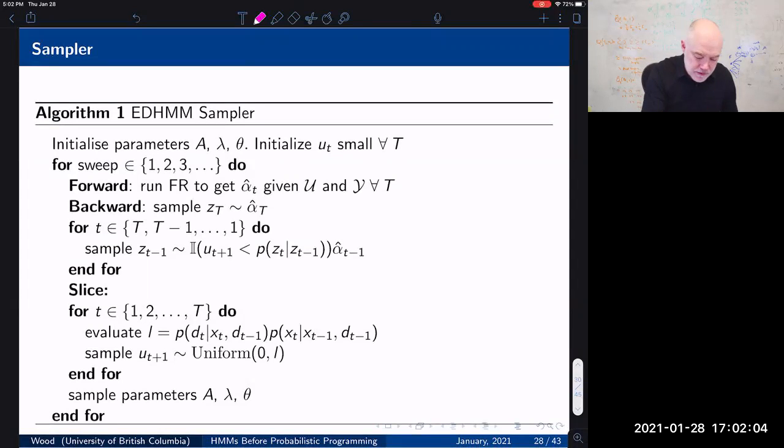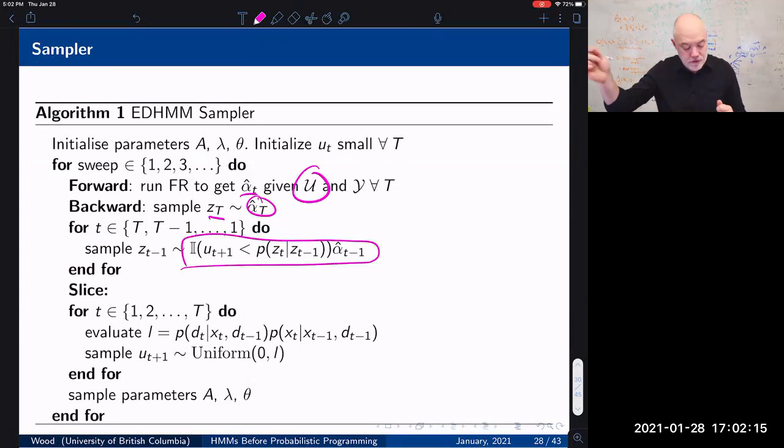So you run forward to get these forward messages given the slice variables, and you sample backwards Z_t given the last message, and you go backwards sampling according to this, where you don't have to enumerate all possible states because you're conditioning on the slice variables. Then you slice off the beam, basically, and you effectively evaluate the densities that you need in order to sample the slice variables.